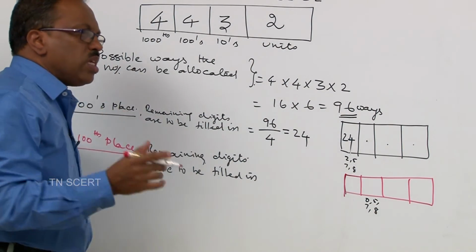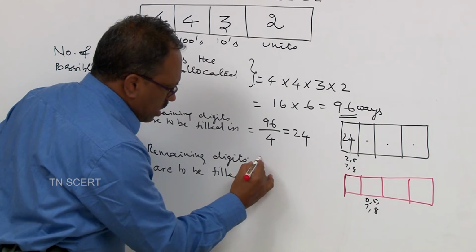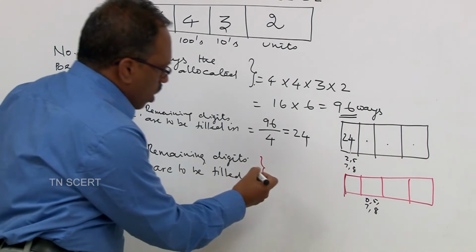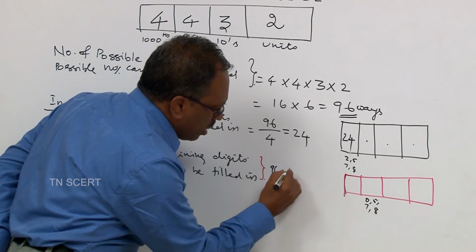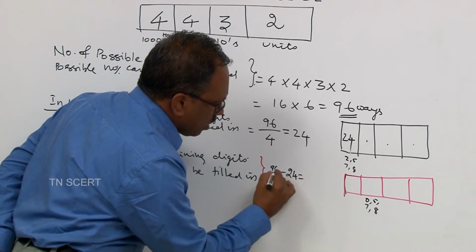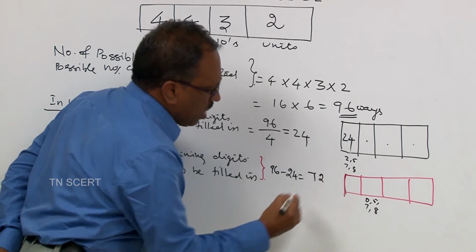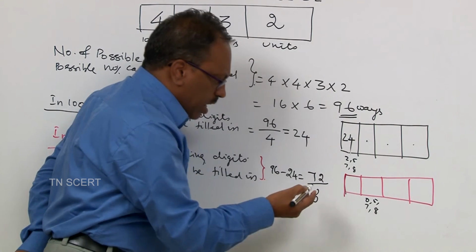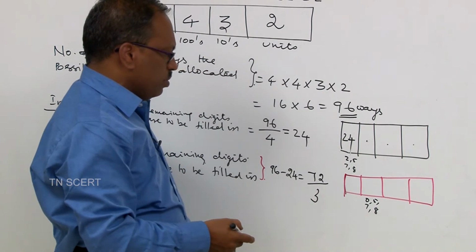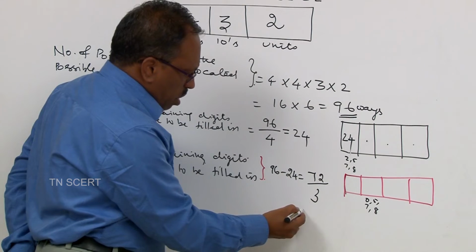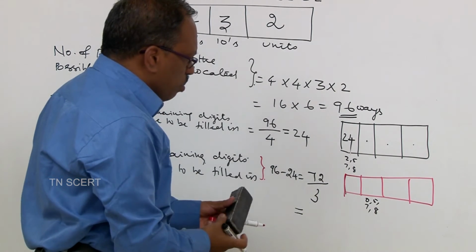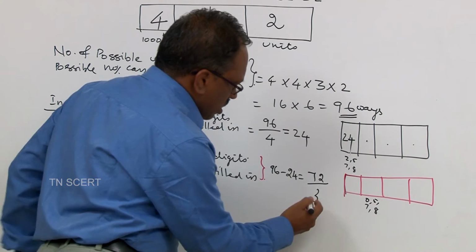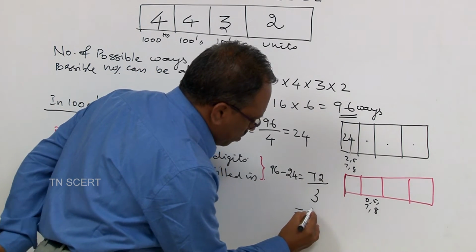Already 24 numbers are to be excluded. See 96 minus 24, how much is it? 72. So the 72 are to be filled up again in the remaining columns. How many columns here? 1, 2.